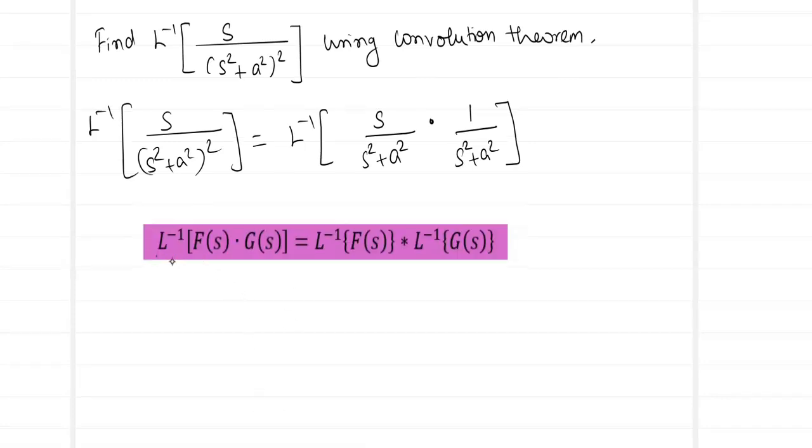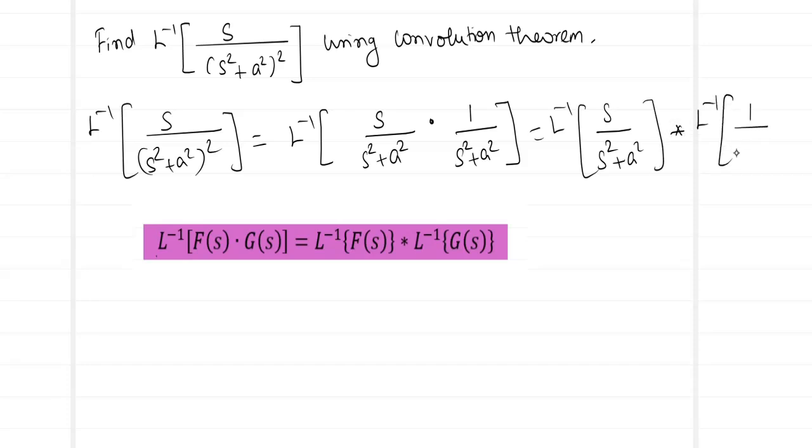We know that Laplace inverse of F of s product G of s can be written as Laplace inverse of F of s convolution Laplace inverse of G of s. So the product gets split into two quantities with convolution in between: Laplace inverse of s by s square plus a square convolution Laplace inverse of 1 by s square plus a square.